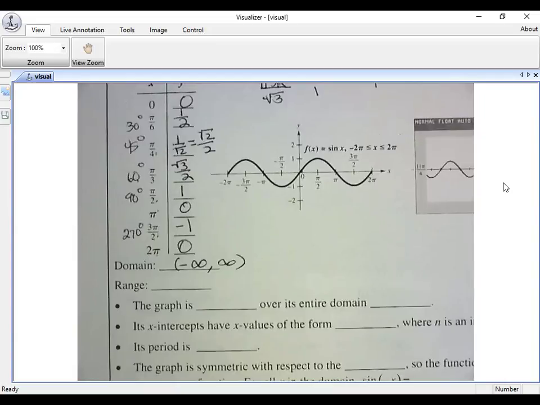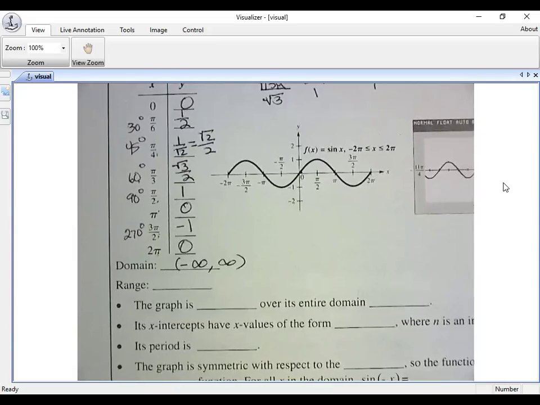Now, what about the range? That's going to be the output. Well, here's the thing. Even if it's an obtuse angle, like 135 degrees, I can see where 135 degrees would be on the coordinate plane, and then the reference triangle that goes with that, my sine function is still going to be the same as whatever the reference angle is.